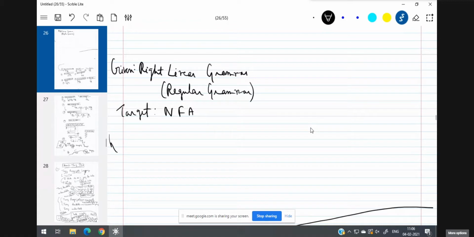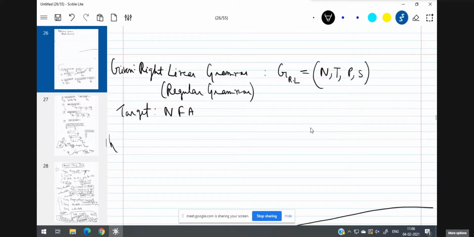Now, let me consider grammar G, and let me write RL. As per the grammar definition, this is N, comma T, comma P, comma S, where N is the set of non-terminals, T is the set of terminals, P is the production, and S is the start symbol.